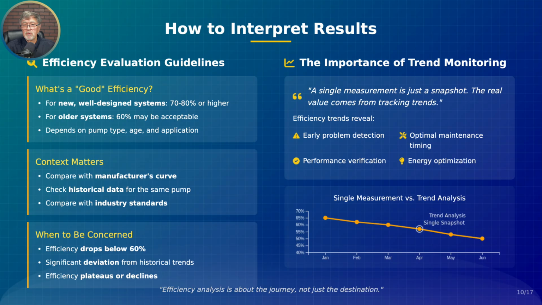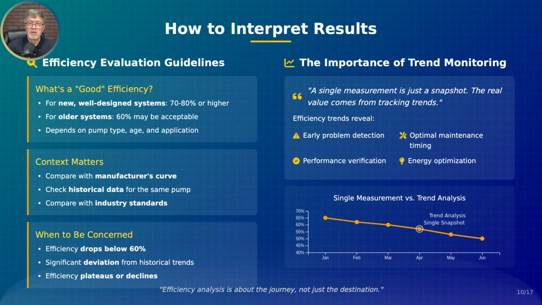And remember, trends are what's important. A single measurement is just a snapshot. The real value comes from tracking trends. That is the true hallmark of a data-driven water utility. Efficiency trends reveal early problem detection, optimal maintenance timing, performance verification, and energy optimization. Here we're comparing a single data point versus our trend.